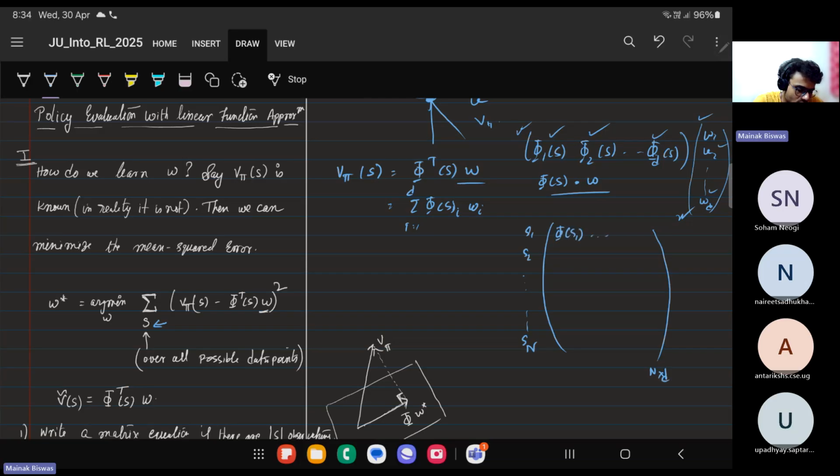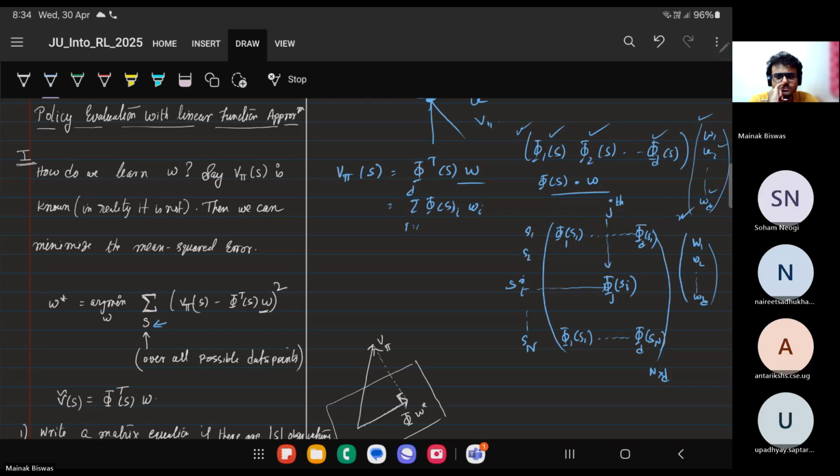Phi of S1 and so on, where this is the ith state and this is the jth feature. So I could directly write down the value function of all these states by just multiplying by W1, W2, up to WD. Correct?